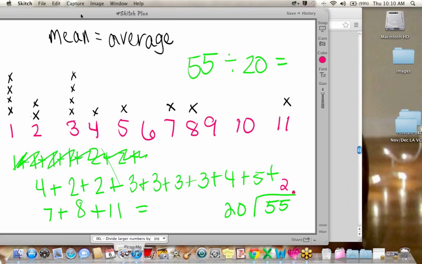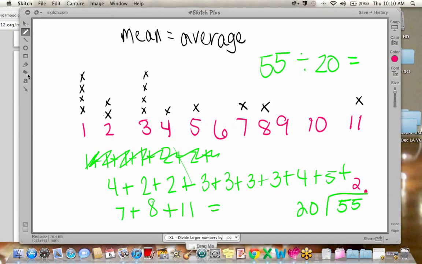Gonna start erasing a couple things. Perfect, Dakota.